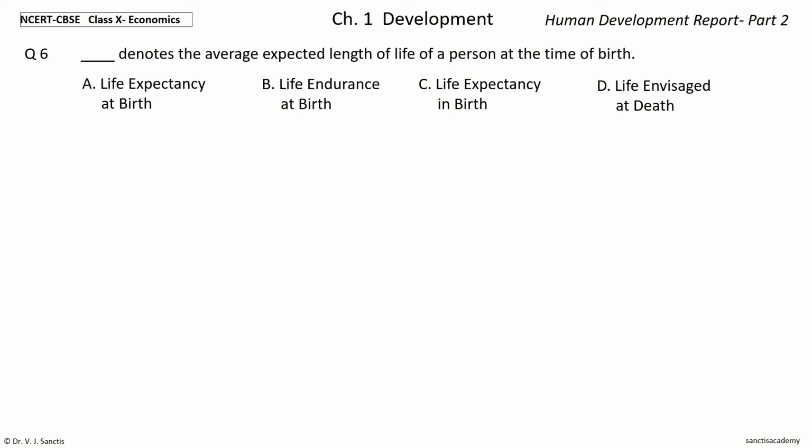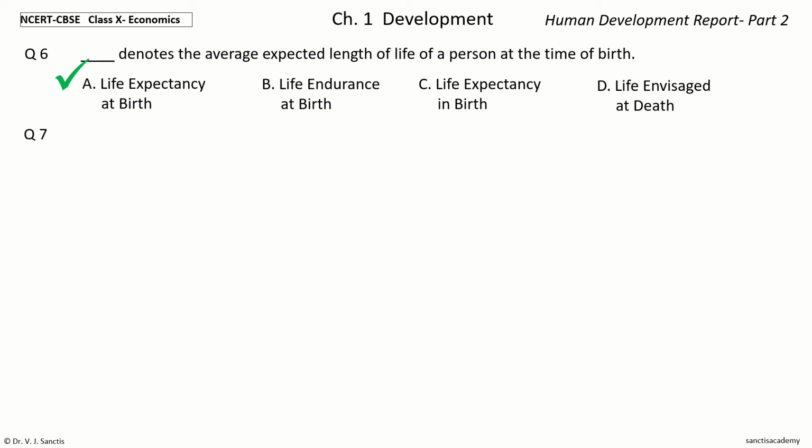Your time to choose. And the answer is life expectancy at birth. So, life expectancy at birth denotes the average expected length of life of a person at the time of birth.